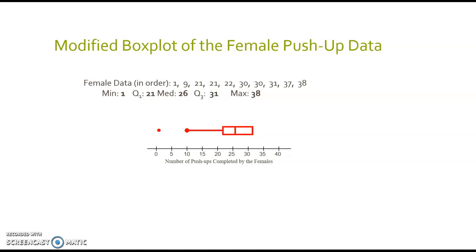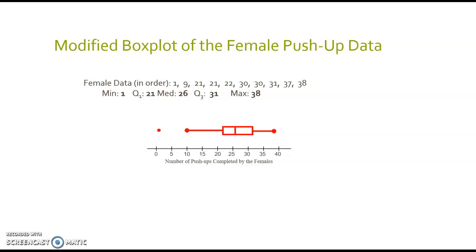We had no outliers on the upper end, and therefore the whisker on the upper side of the box is going to extend to that maximum value of 38, like it did in the non-modified box plot. From the right side of the box, I just extended that whisker to the value of 38. That's a modified box plot.